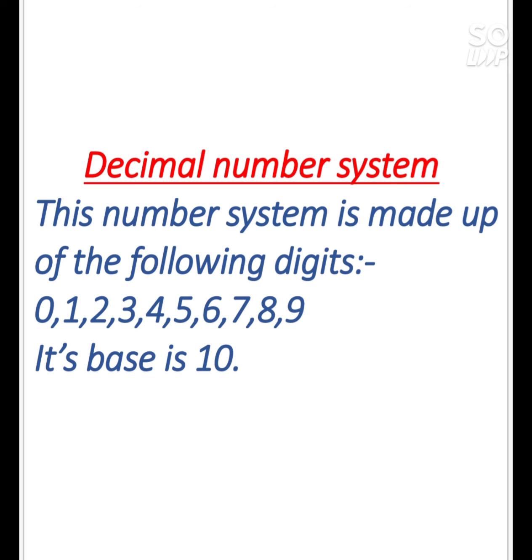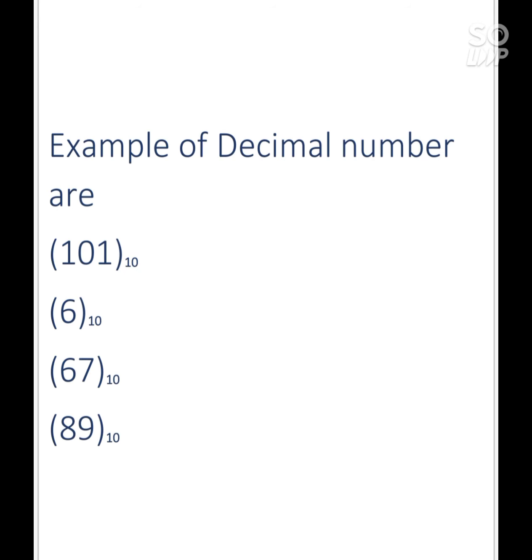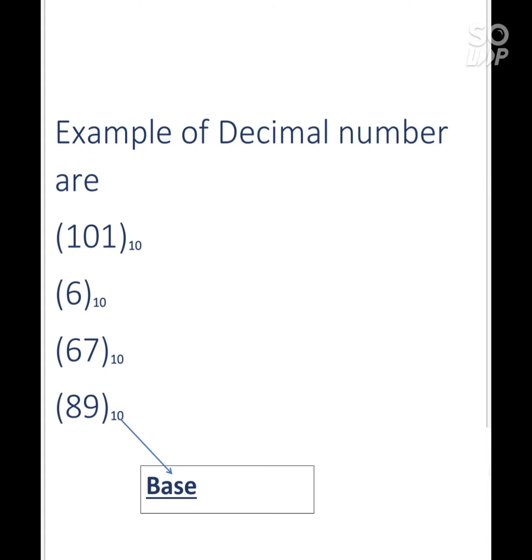Now let us look at some examples: 101 is a decimal number, 6 is a decimal number, 67 is a decimal number, 89 is a decimal number. And this 10 which I have written at the bottom corner of these numbers represents the base.